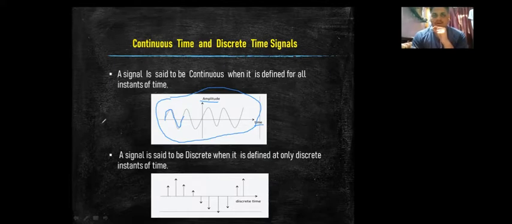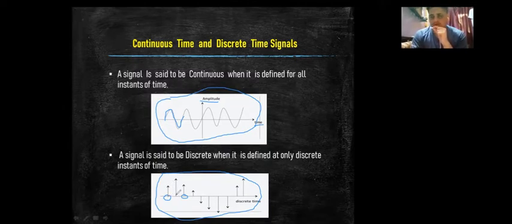Then a signal is said to be discrete when it is defined at only discrete instances of time. In this graph, the y-axis still represents amplitude, but it is only defined at some discrete instances of time on the x-axis, as you can see over here. The amplitude at this very instance is represented by an arrowhead, which suggests the magnitude of the amplitude.